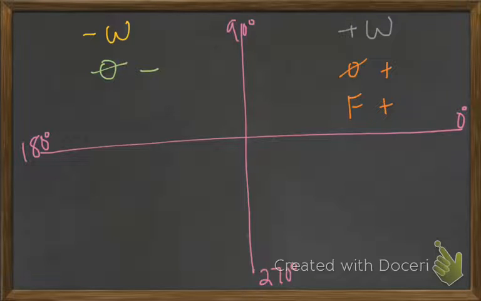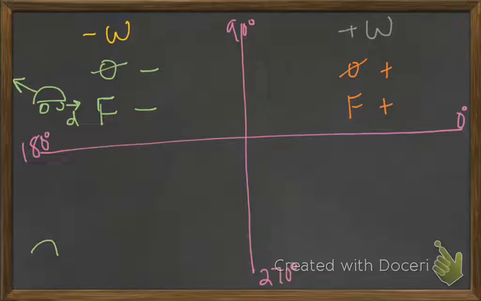Even though the car was going this way, he was pulling with a force in the opposite direction. This is my car. He was pulling with a force in that direction. Okay? But it was actually moving forward. So it's negative.